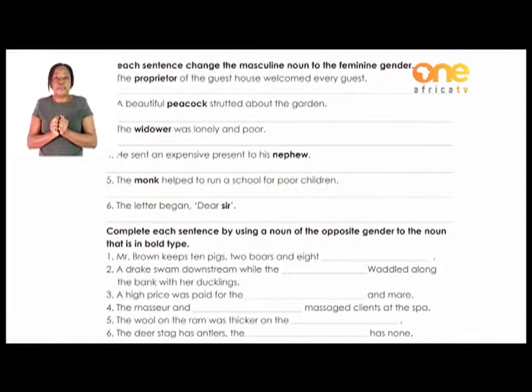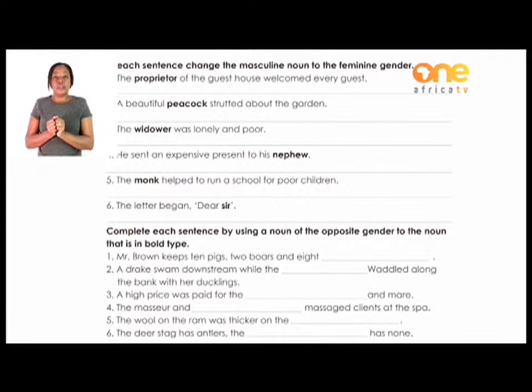Number one, the proprietor of the guest house welcomed every guest. The proprietor is the word which is bold in that sentence. So, the proprietor is the owner of the guest house. Proprietor refers to an owner. Is the owner of the guest house. So this one is a man. What about if it was a woman? We're going to say what?